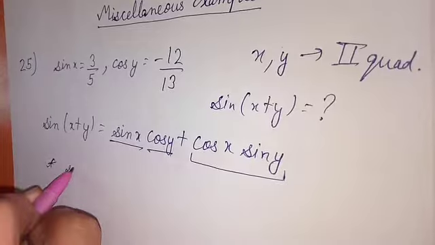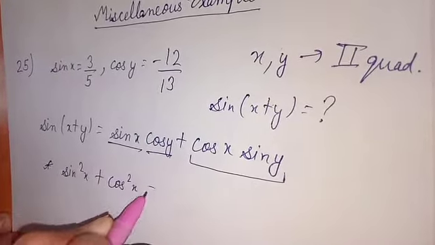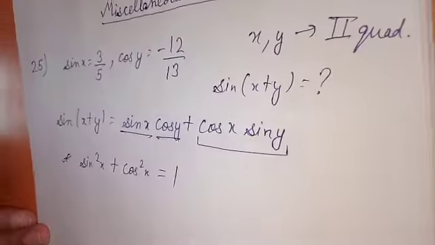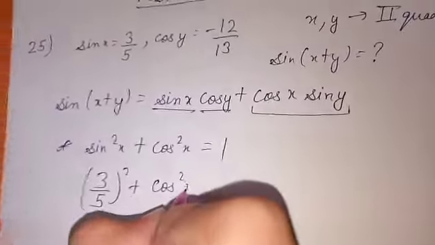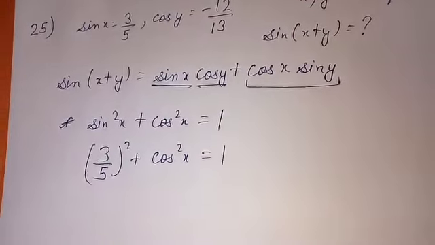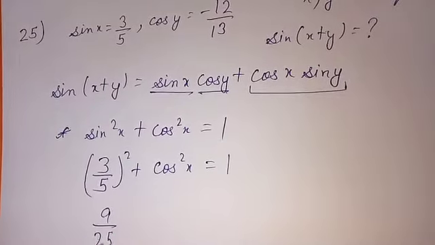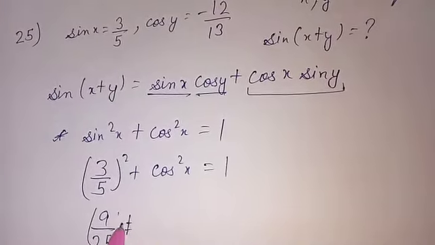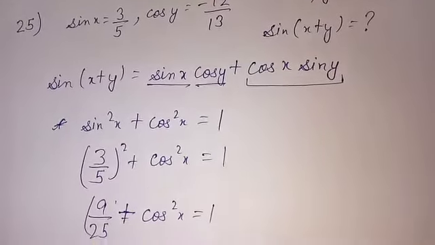We know sin square x plus cos square x is equal to 1. Sin x value is 3 by 5. So (3 by 5) square plus cos square x is equal to 1. So it will be 9 by 25 plus cos square x is equal to 1.